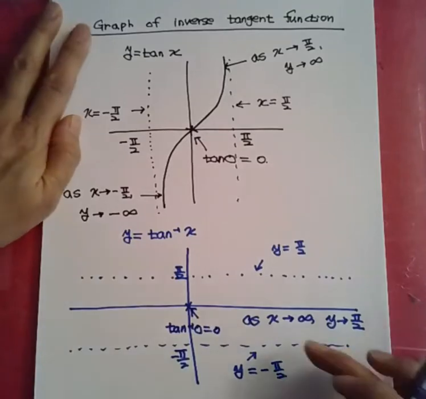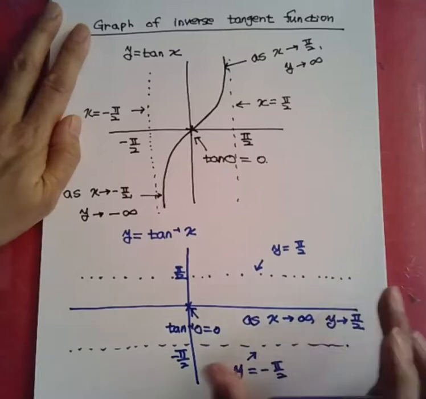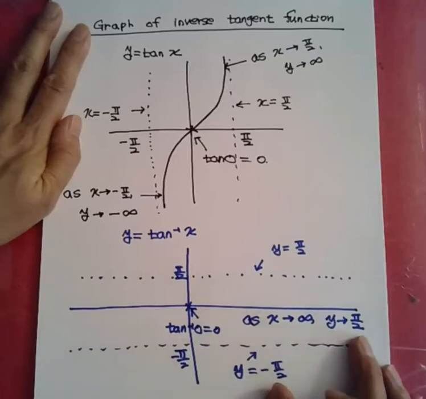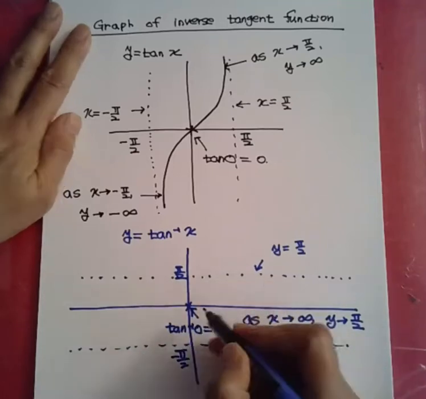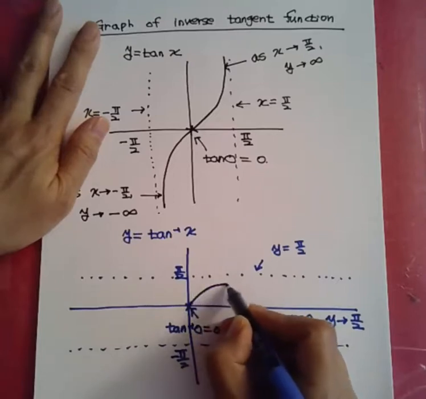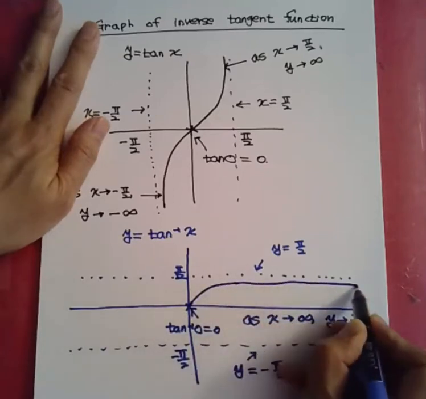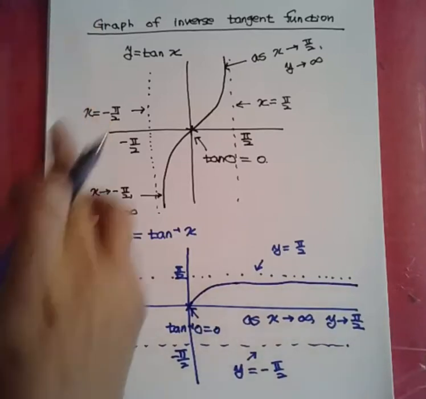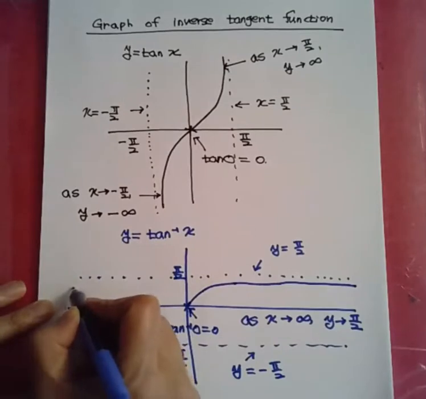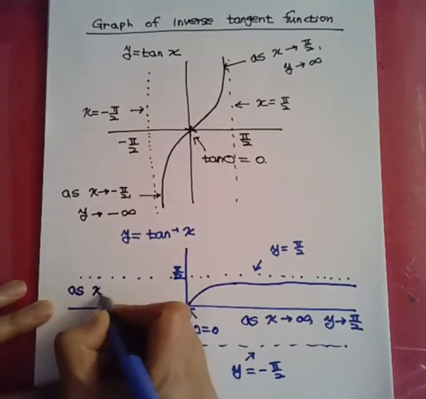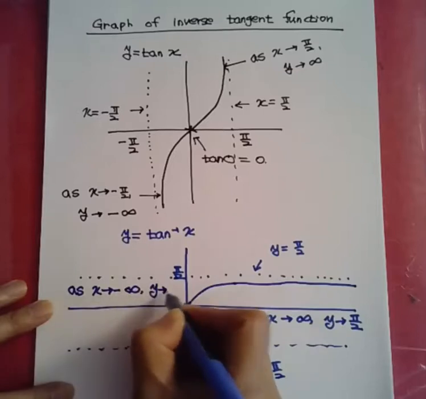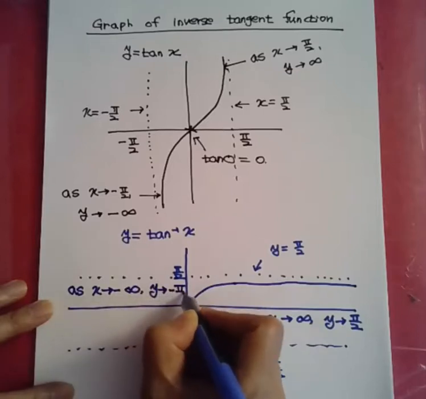As x goes to infinity means when we follow the graph to the right, the y value will approach pi over 2. The only way that can happen will be when the graph changes this way. And for this part, we can say that as x goes to minus infinity, y will approach minus pi over 2.